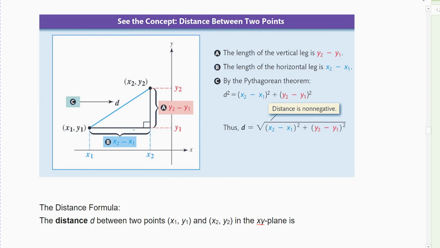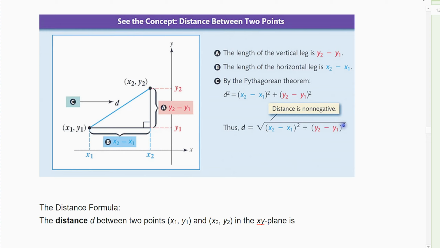So the distance formula is just the Pythagorean theorem in context of my x and y points. To find the distance between 2 points, I solve for d, so I take the square root of both sides, which gets rid of the square. Distance is always positive, so you don't need the negative.